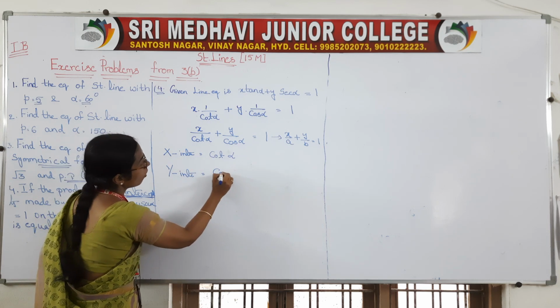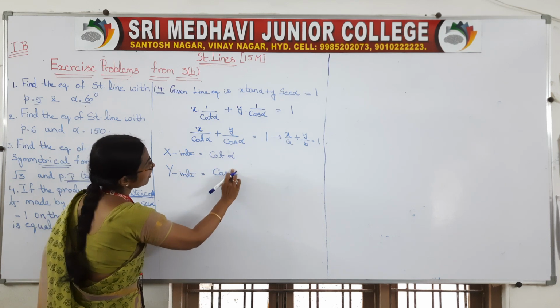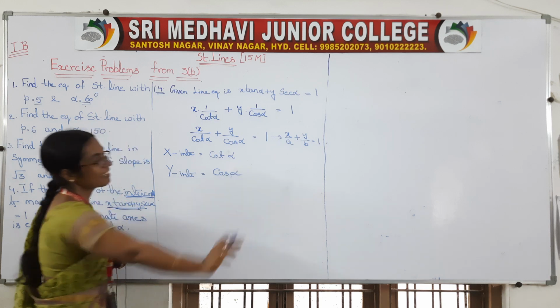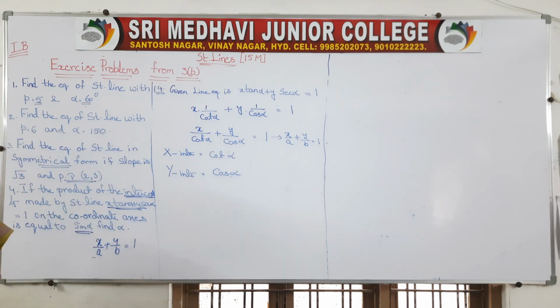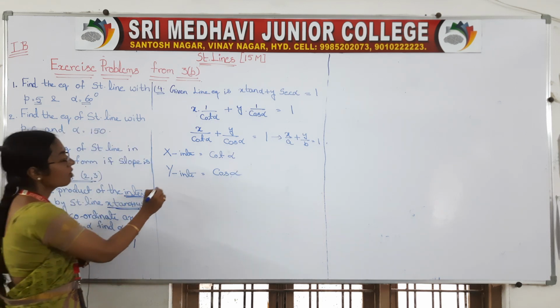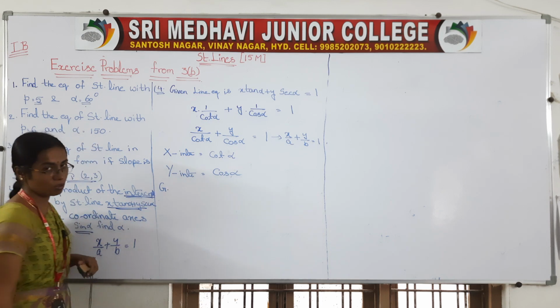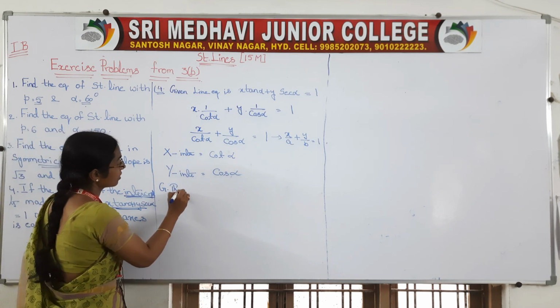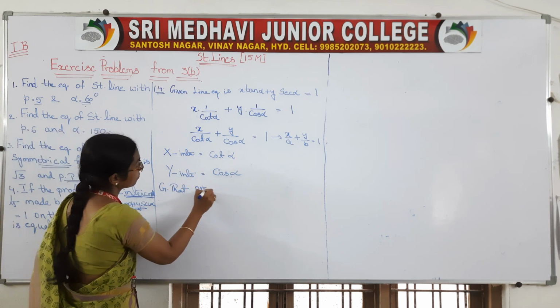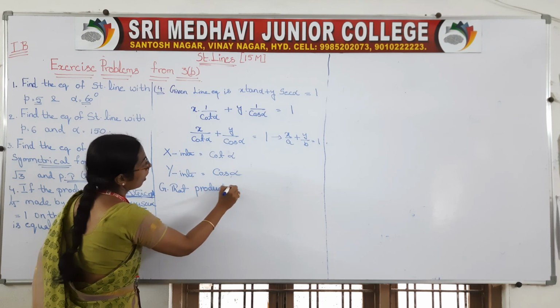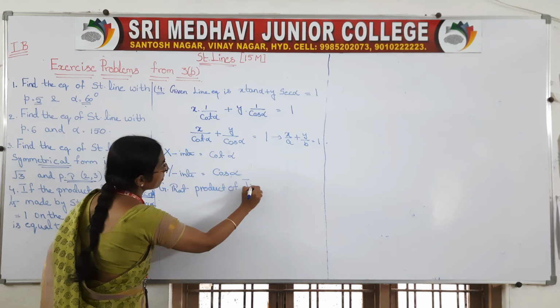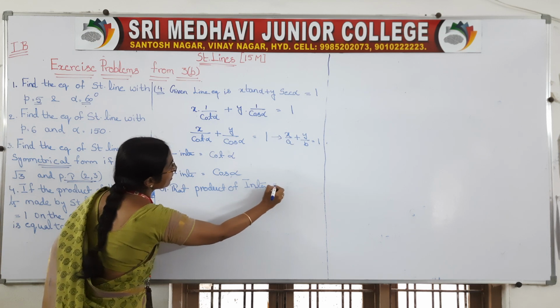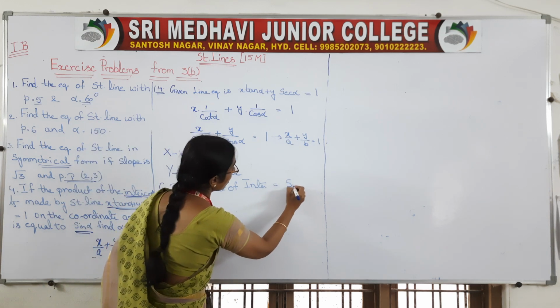It is cos alpha. That is cot alpha, this is cos alpha. What is the given information to us? Given that product of intercepts is equal to sin alpha.